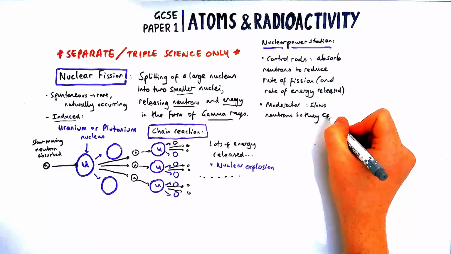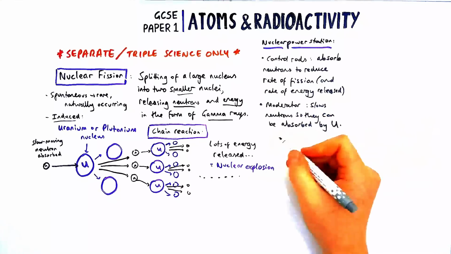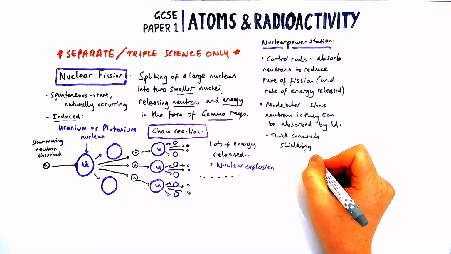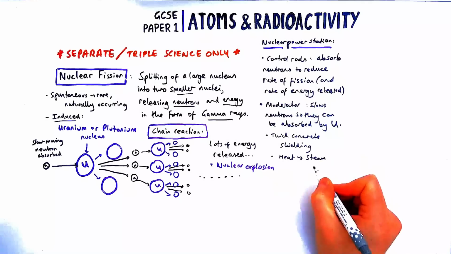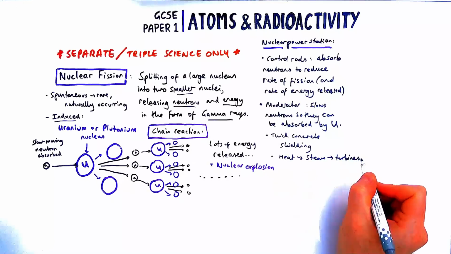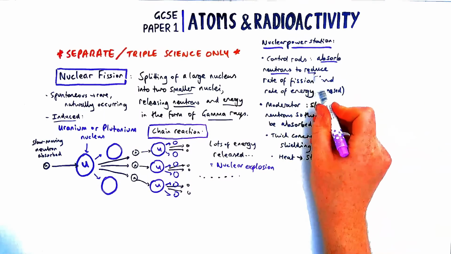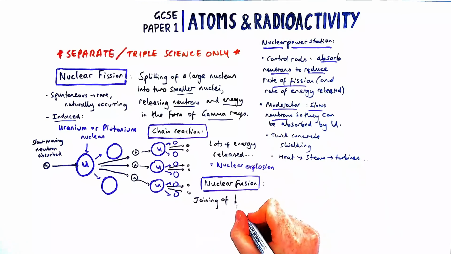This slows the neutrons down so they can actually be absorbed by uranium in the first place. You'd also have thick concrete shielding, and the rest of the power station is identical to what you'd find in a coal power station. Heat turns water into steam, which makes a turbine turn, and then you have a generator to convert it to electricity.